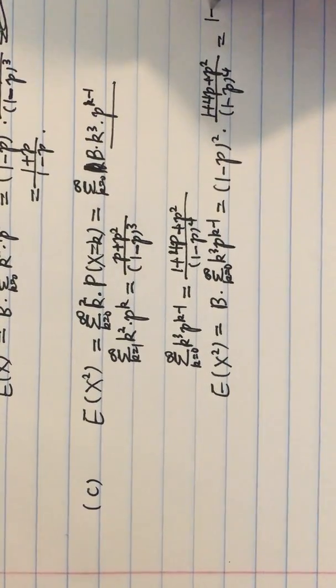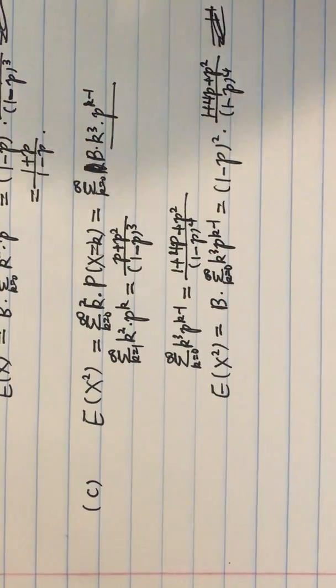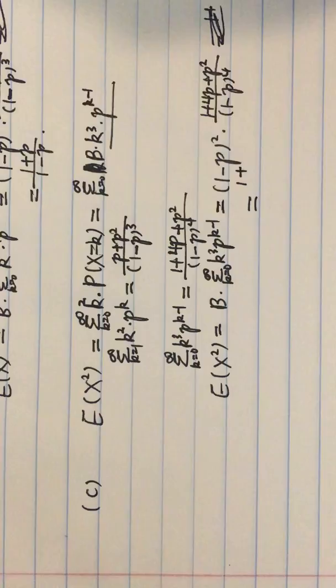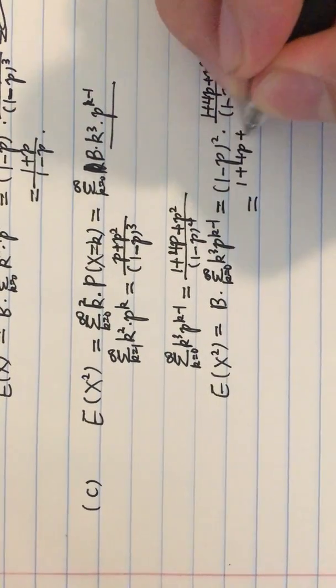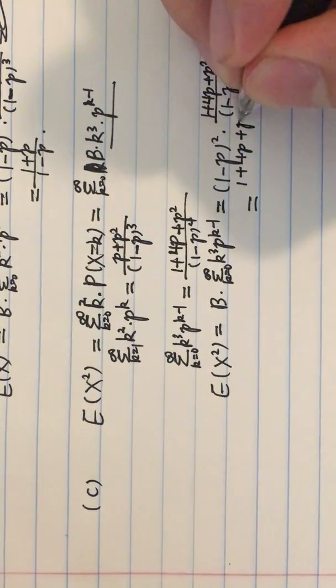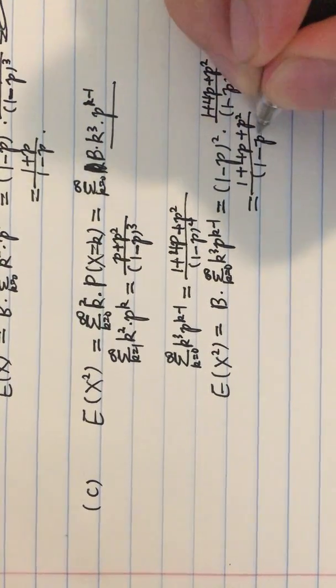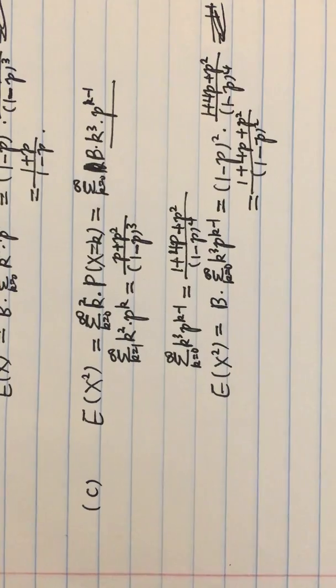This equals 1 plus 4 times p plus p to the power 2 over 1 minus p to the power 2. That's it? Yes.